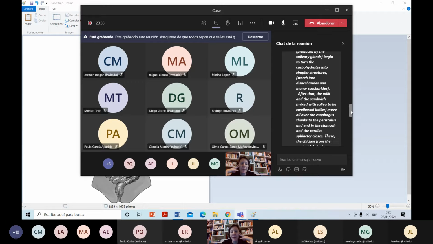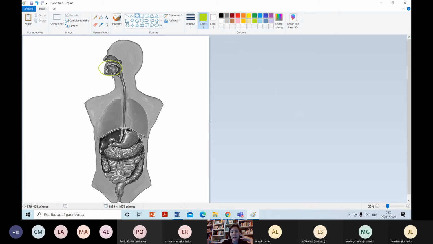Then the only food that will suffer chemical digestion in the mouth would be the bread, because the chicken does not contain starch, and milk does not contain starch. So only bread will suffer this chemical digestion, with amylase turning starch into disaccharides, while the chicken and the bread also undergo mechanical digestion.